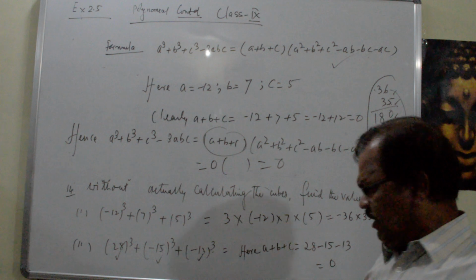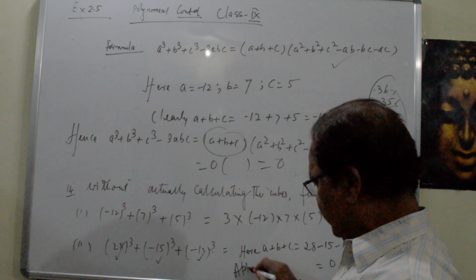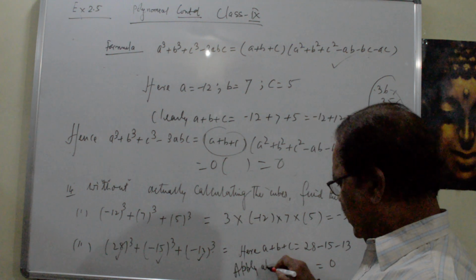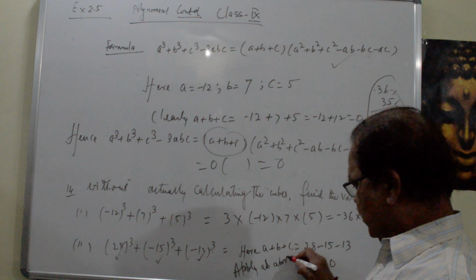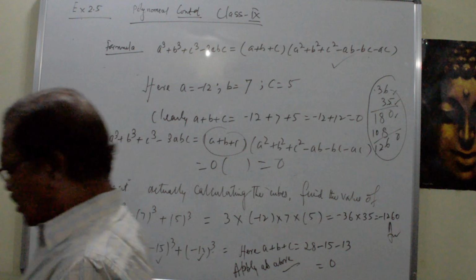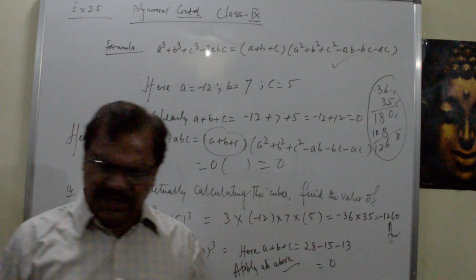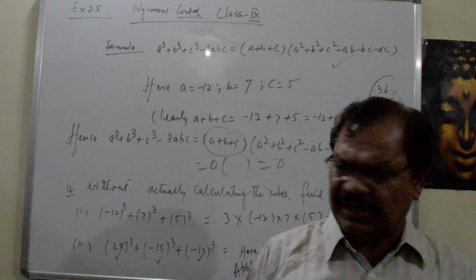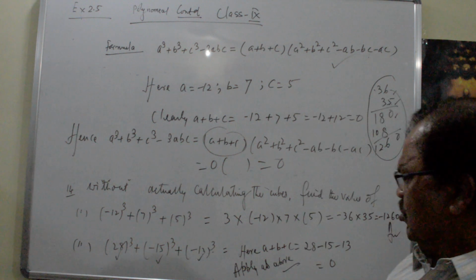So apply the same technique as above and you will get the result. These are the typical problems related to the identity, so go through them and get the answer for your satisfaction.